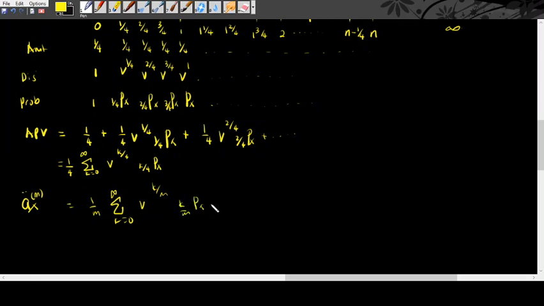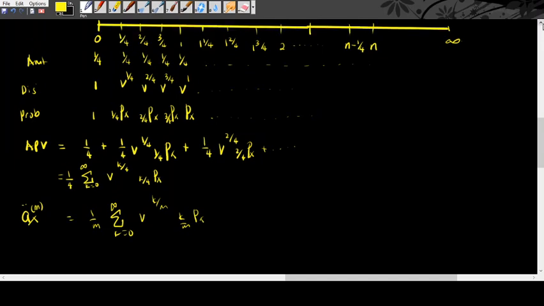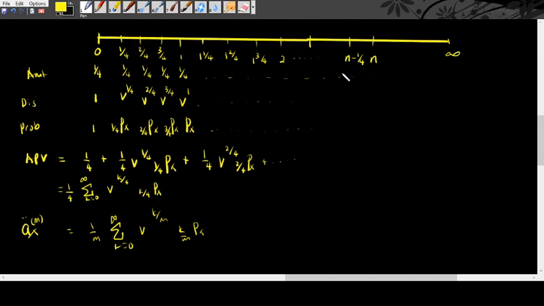If you have up until n years only, that means this will be the final year of payment. So you are going to get n minus 1/4 here, still a payment of 1/4 v^(n-1/4) (n-1/4)px. So this will be the final term.